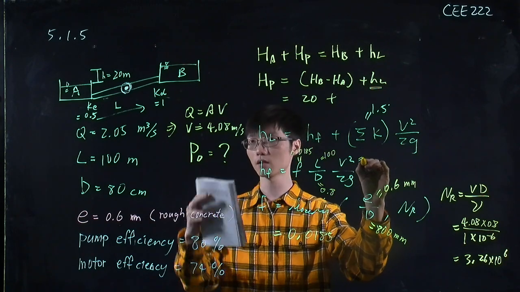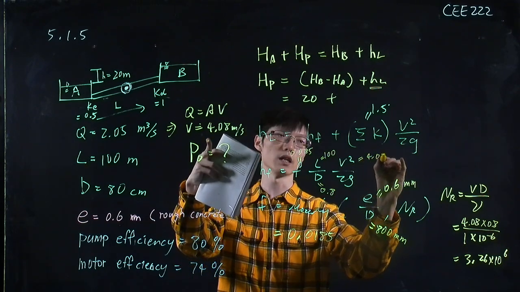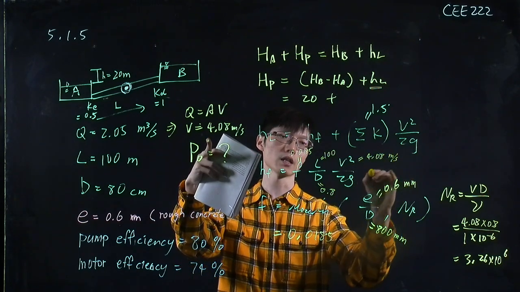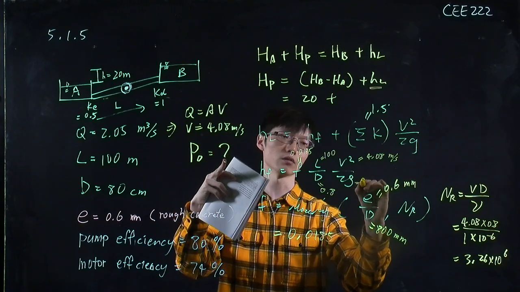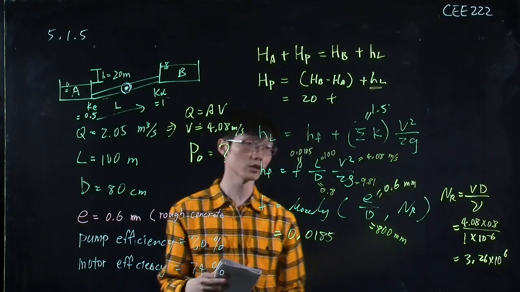Velocity is 4.08 meter per second. G is equal to 9.81. So you know every value.